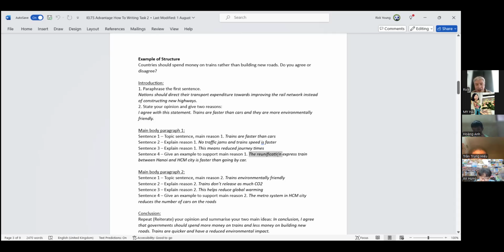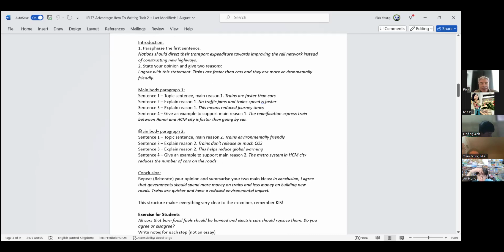Can you say that, please, Chung Hu? Reunification. Good. I think that is the name of the train that goes between Hanoi and Ho Chi Minh. Reunification Express train between Ho Chi Minh and Hanoi is faster than going by car. Is this true? I don't know for sure, but doesn't matter. The examiner doesn't know either. I'm just giving an example of something I think is true.